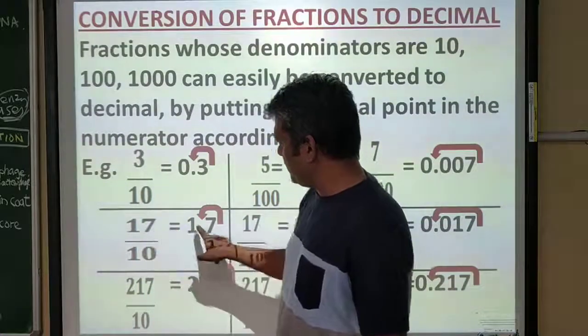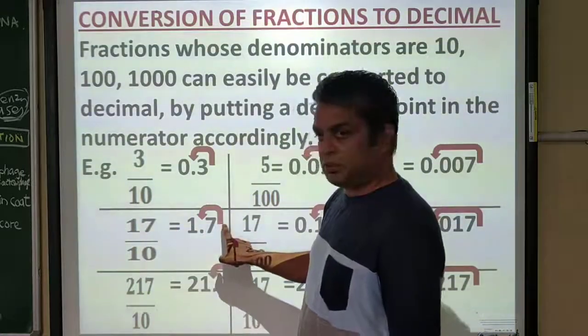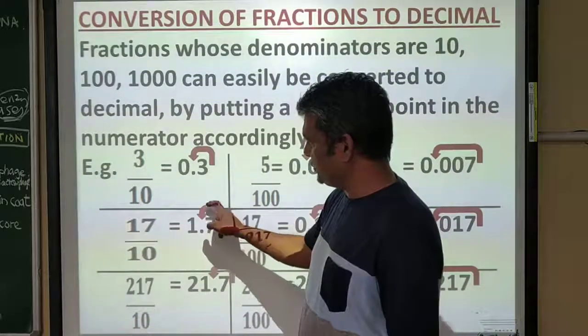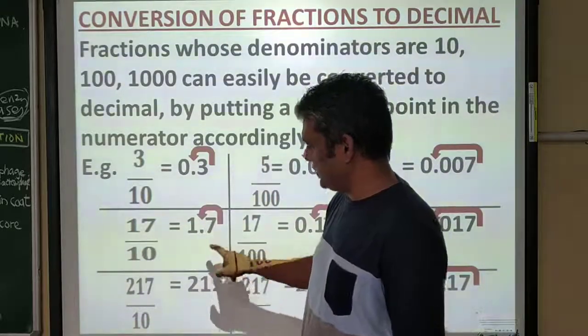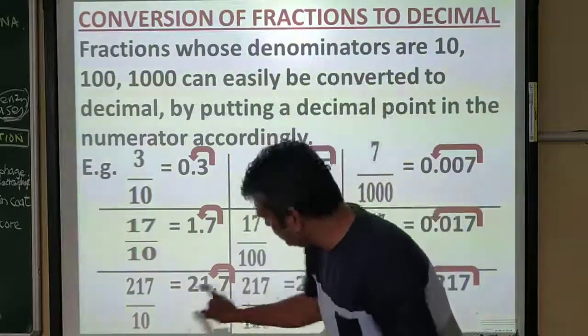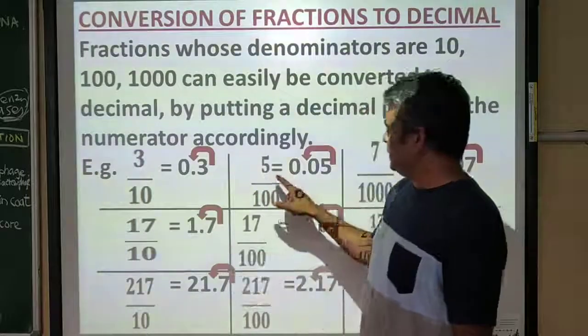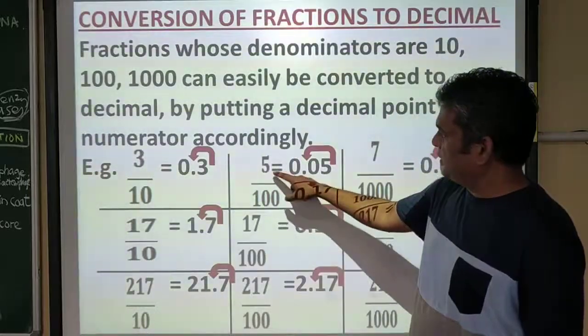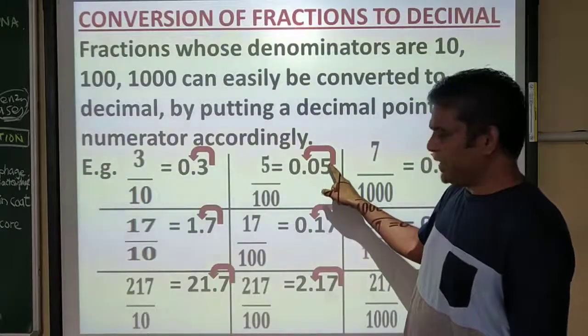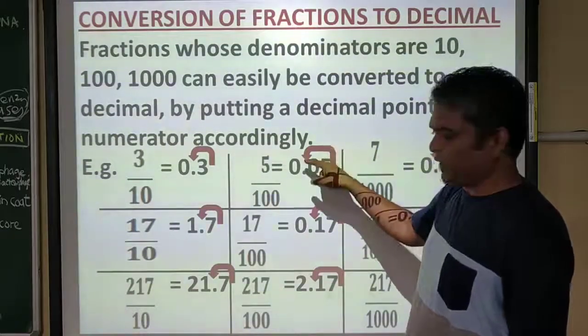Same thing for 17 upon 10. Just write 17 there. A whole number has a decimal point at the end. Shift it one place. So it becomes 1.7. Same thing for 217. Since there is 1 zero, we shift one place. Then we come to the next example. 5 upon 100. You just write 5 and then you need to shift two places.